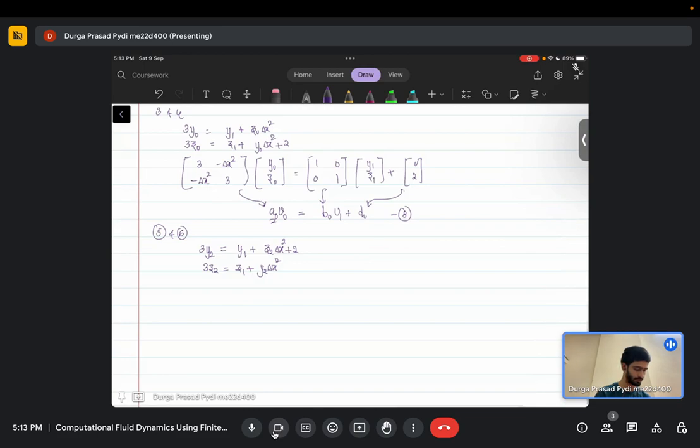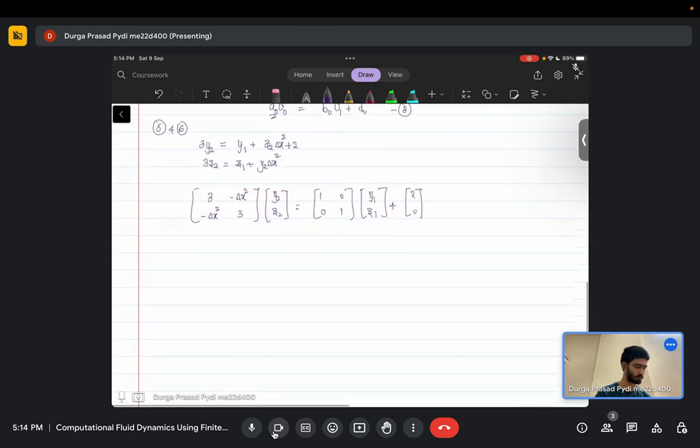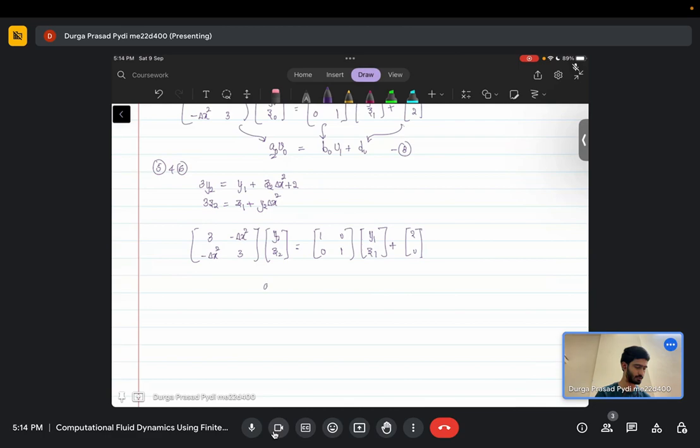Here again it is straightforward. You just write 3, minus delta x square, minus delta x square, 3, y2 z2 equals an identity matrix times y1 z1, and then we have 2 0. So here again we have something like a2 u2 equals b2 u1 plus d2.